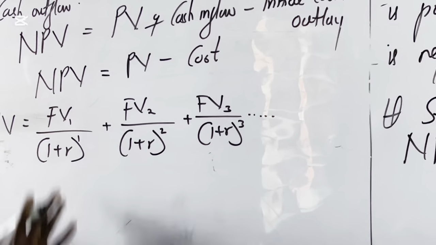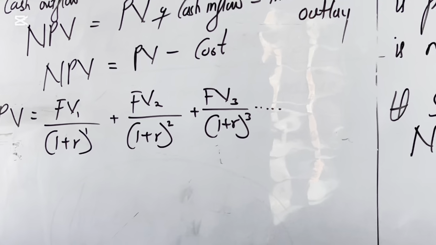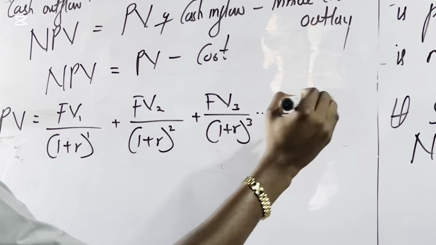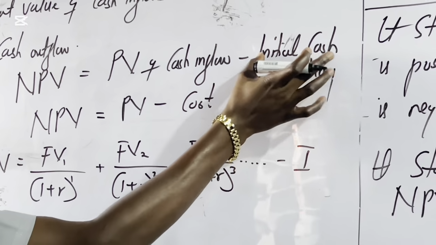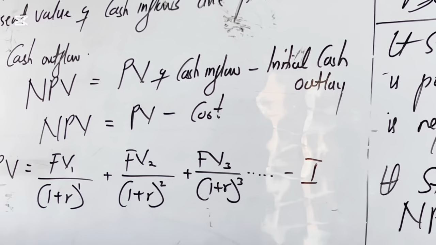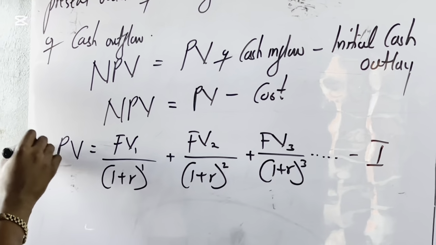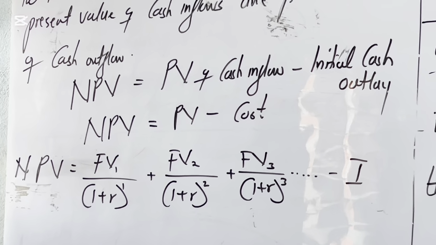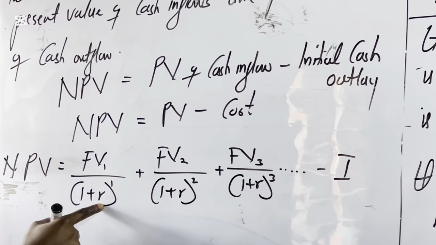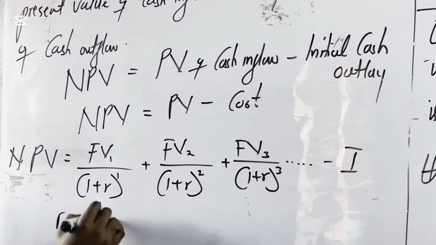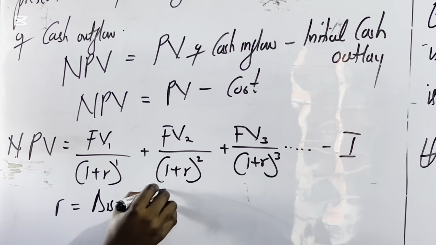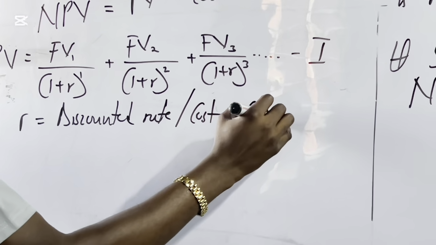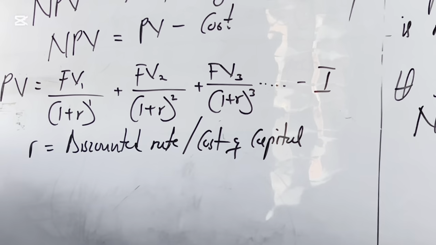Once we are done with this, the whole of this minus your I. Your I is your initial cash outlay, and that will now give us the net present value. That is it. So our r here is our discount rate or cost of capital, in percentage.